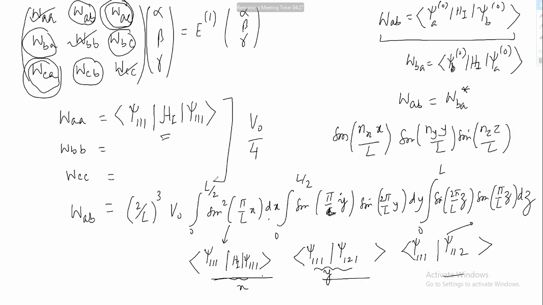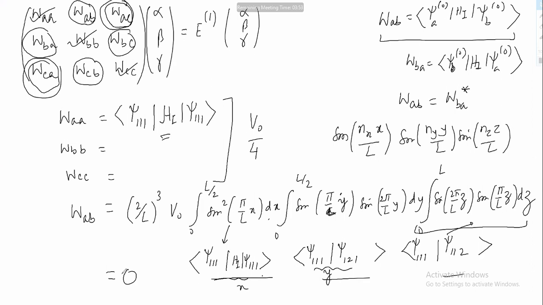Okay, and then if you evaluate this WAB, how much will this turn out to be? How much would be this part? Anybody, without doing anything? Zero. And therefore the complete term would be equal to 0.